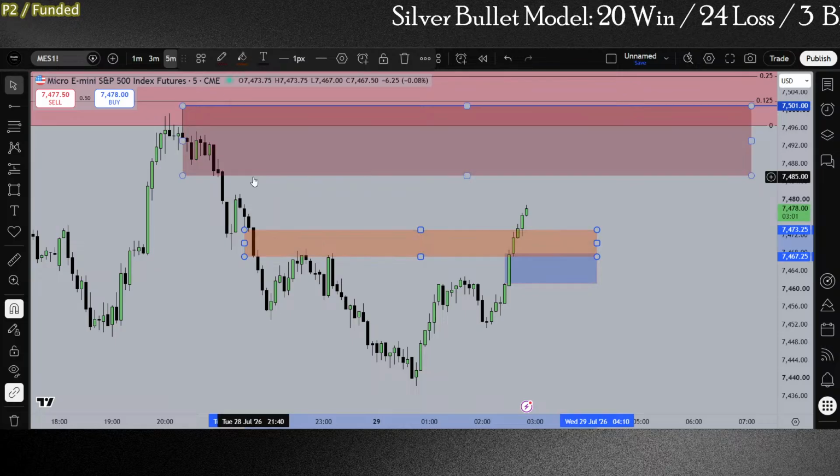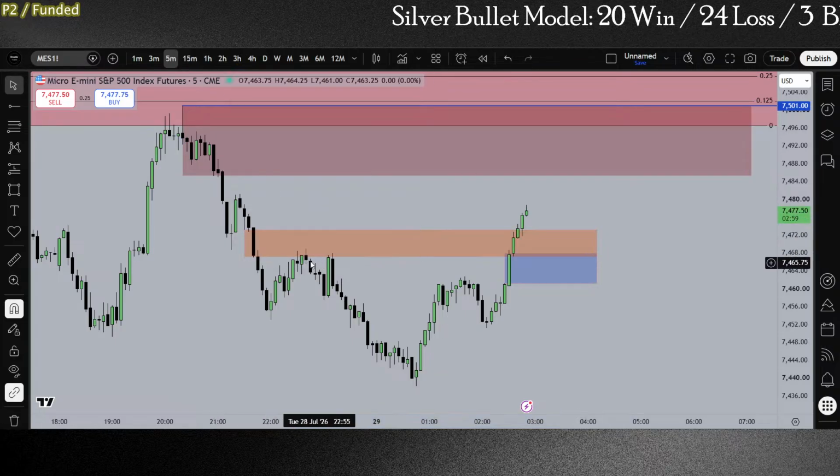That was used previously here as resistance, and now I would expect it to be used as a means of supporting price, but allowing wicks as far as into this BISI.